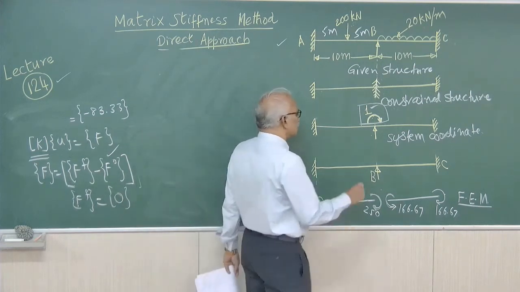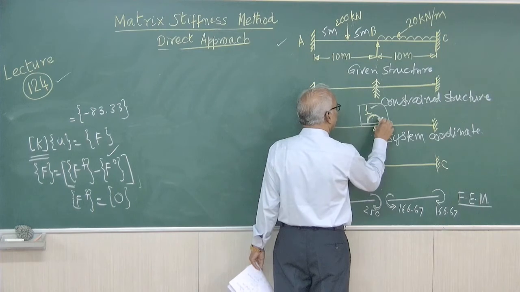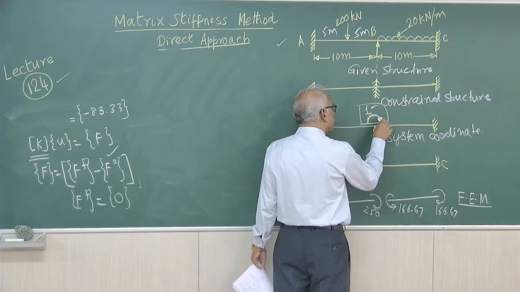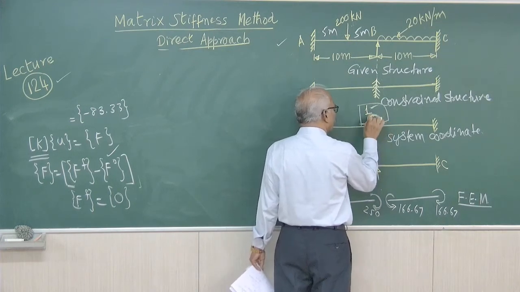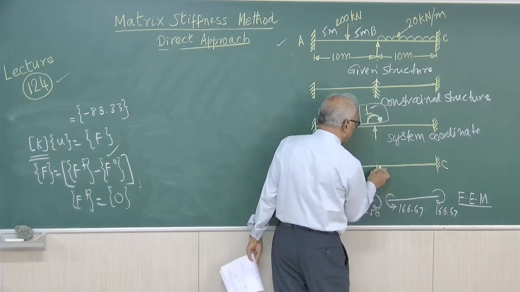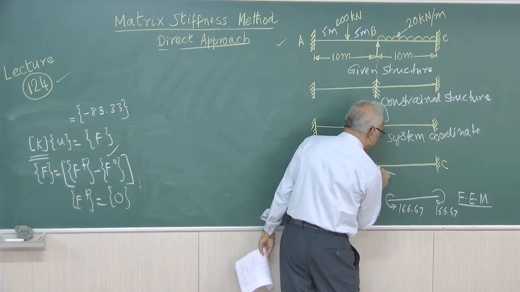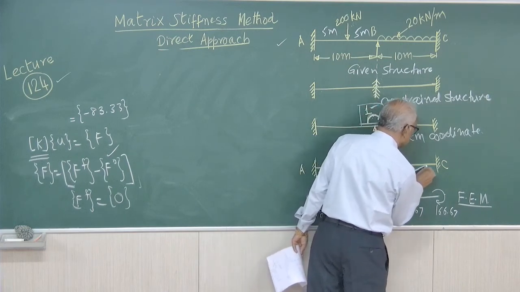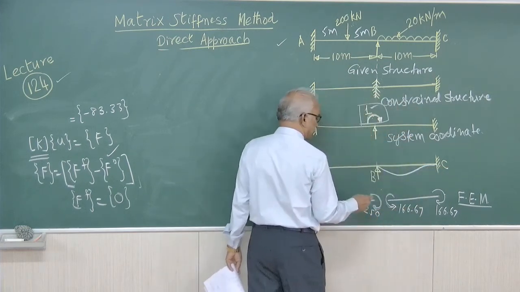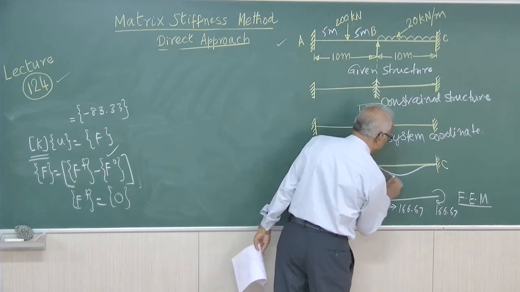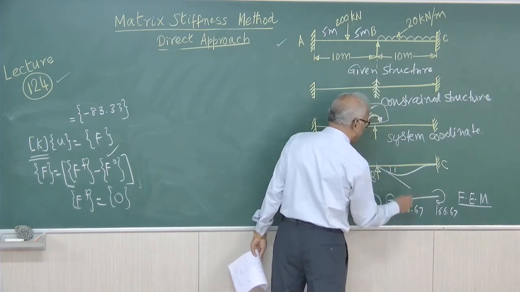The displacement corresponding to the coordinate is that of rotation. Apply unit rotation here, and here it is 0 because it is fixed. Therefore, this value is equal to unity.